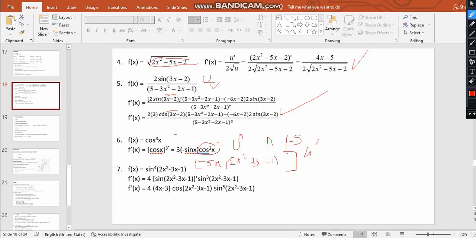So it's of the form u power n. You put the 4, then the derivative of this one, as you can see here, I have a prime. Then I decrease the power. Instead of 4, I put 3. Now this is of the form sine u, u prime cosine u. So 4x minus 3 into cosine of 2x squared minus 3x minus 1.